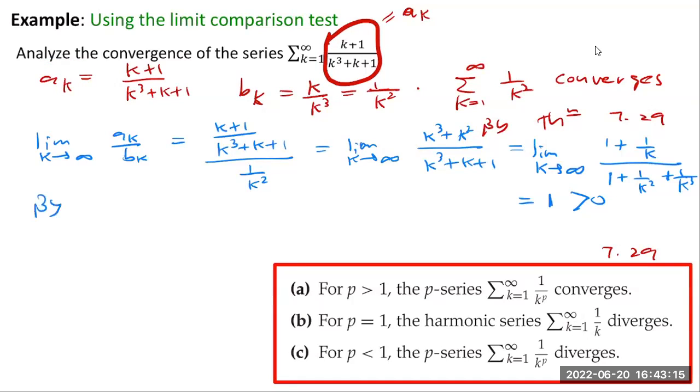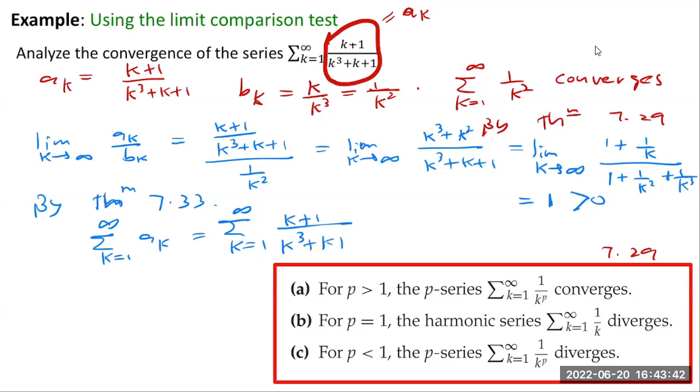By theorem 7.33, the limit comparison test, the series sum from k equals 1 to infinity of (k plus 1) over (k cubed plus k plus 1) also converges.